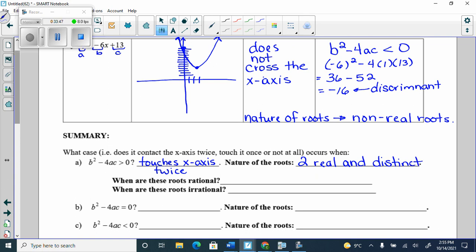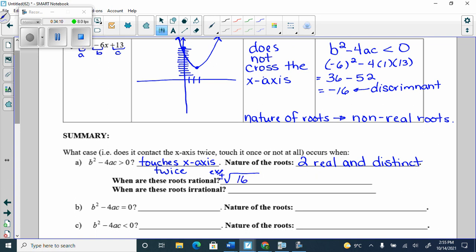When are the roots rational? Rational means not decimals. Or irrational meaning decimals that don't repeat, don't terminate, not fractions. Anyone know? When what's under the square root symbol is a perfect square. So like an example I'll show you. So what's under the square root, the discriminant is like 16.